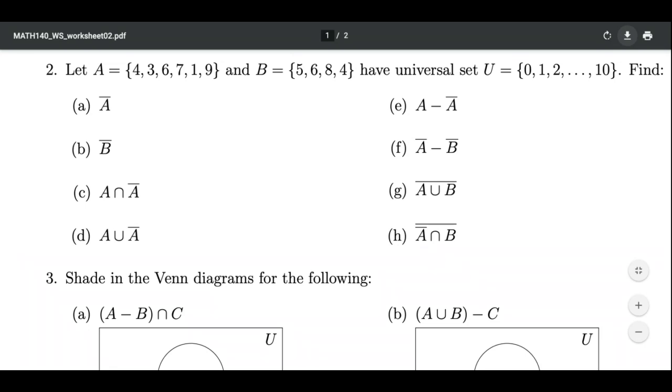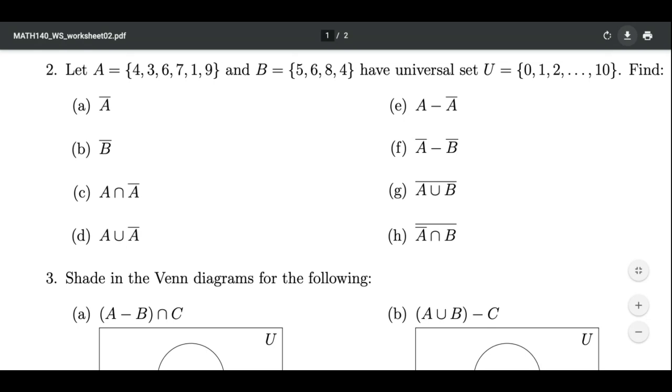Let's see if anybody can figure out C. C has a beautiful answer, and it's obvious if you think about its definition: the empty set. Right, empty set. Any set intersect with its complement is the empty set.